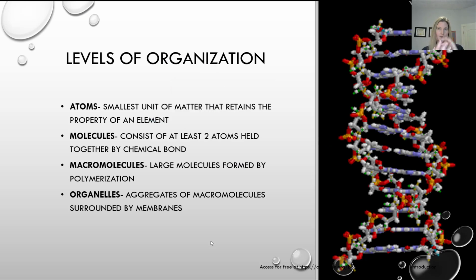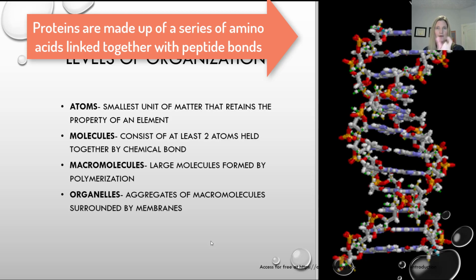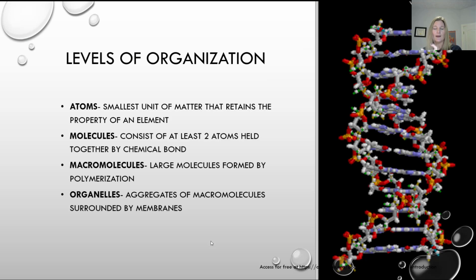So this macromolecule protein is made up of the monomers, as we call them, amino acids, linked together through peptide bonds to form this bigger molecule, through a process called polymerization. We'll talk more about that in subsequent chapters.